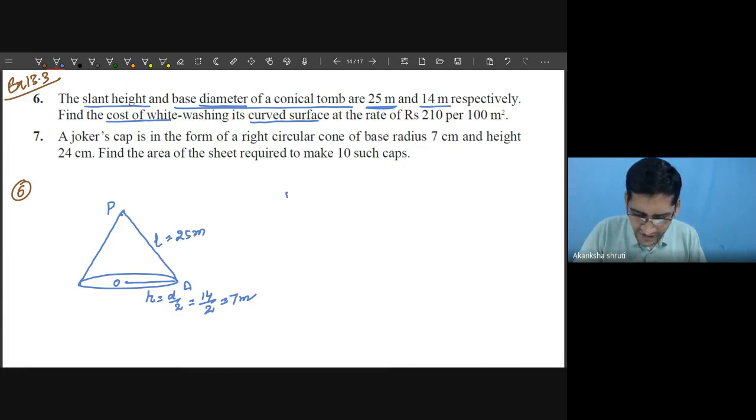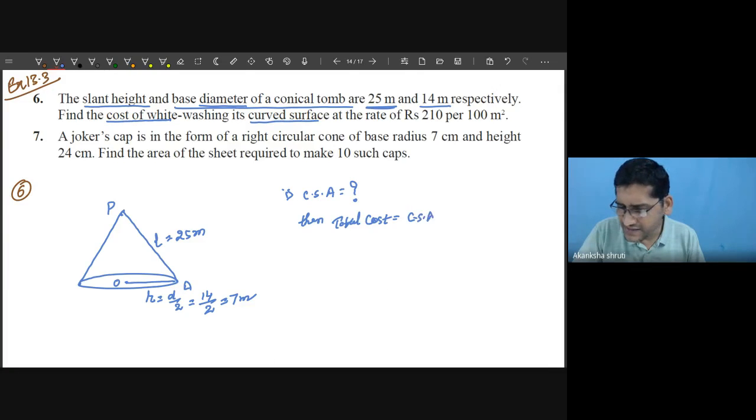So first you need to calculate CSA, then multiply it with the rate, rupees per square meter. So the total cost is obtained by multiplying CSA with the rate.